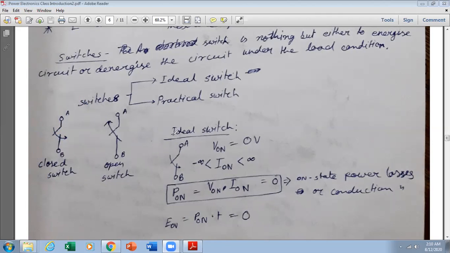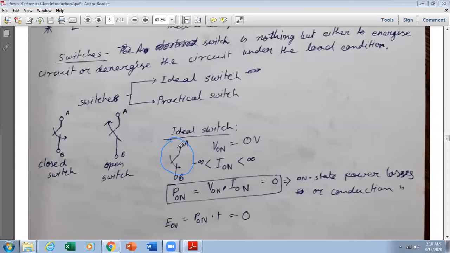Now, ideal switch. Ideal switch means what? When the switch is open, in this case you can see this is a switch given, this is a closed switch.